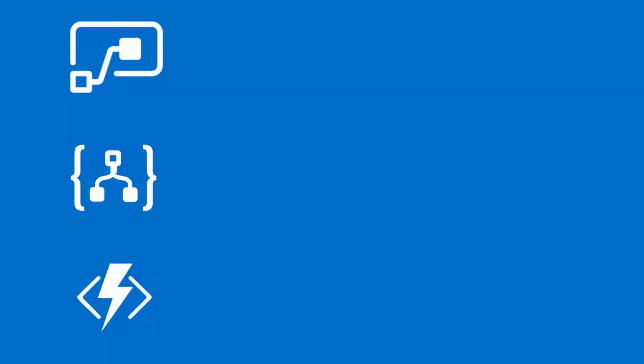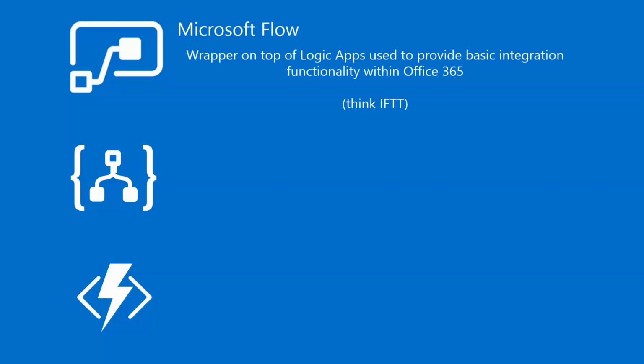So the different bits and pieces that we've got in here, it's worth knowing that there's a thing called Microsoft Flow. So if you've heard of Flow, that is pretty much the same as Logic Apps. It's the Office 365 version of Logic Apps. It's slightly cut down in functionality to not scare those Office 365 people, because apparently we need to do things like that.